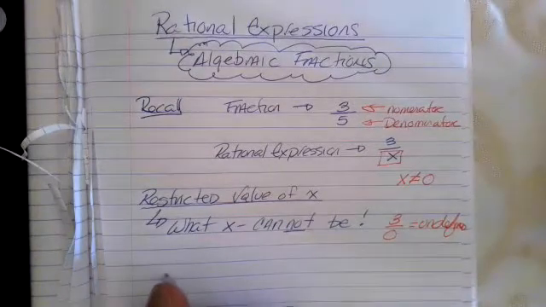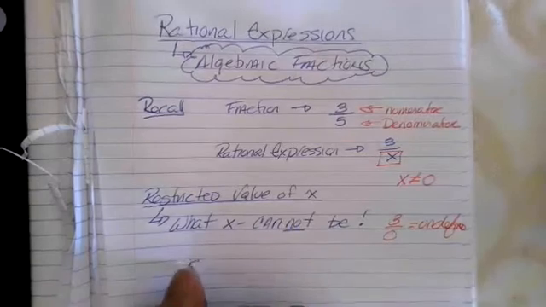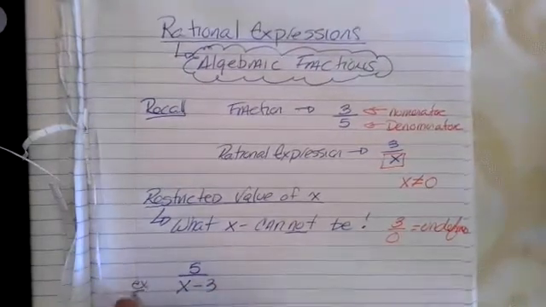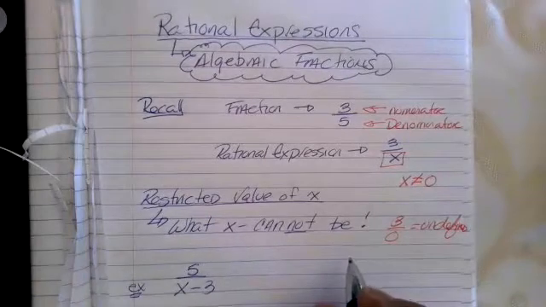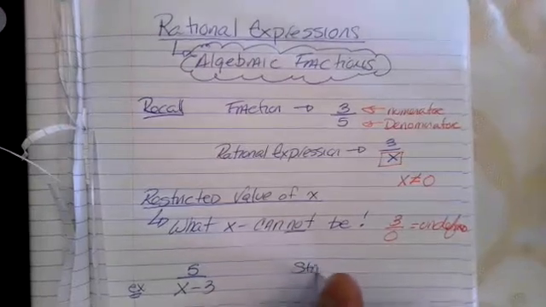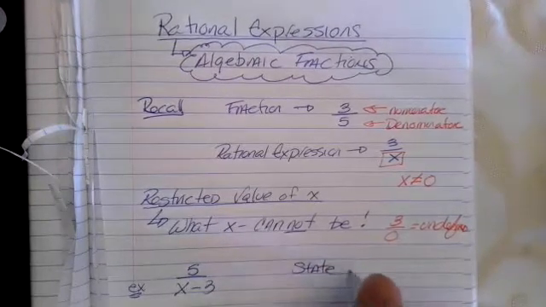So if I had something like 5 over x minus 3, there's two ways they could propose this question. They could say, state the restricted values.